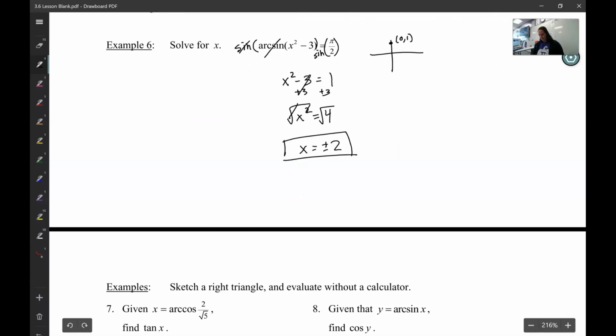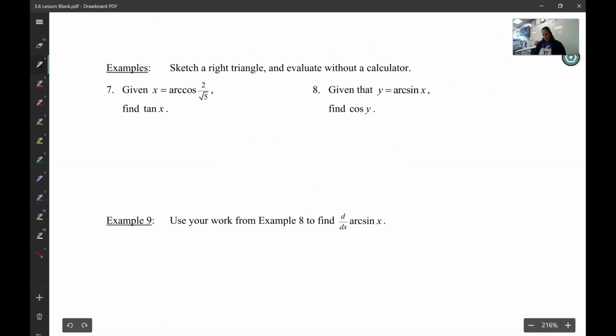Ta-da! Okay, last 3. So let's sketch a right triangle, evaluate without a calculator. First, we have arccosine of 2 over root 5. So something to know first off, we are no longer talking about the unit circle on these ones. We're creating a triangle.